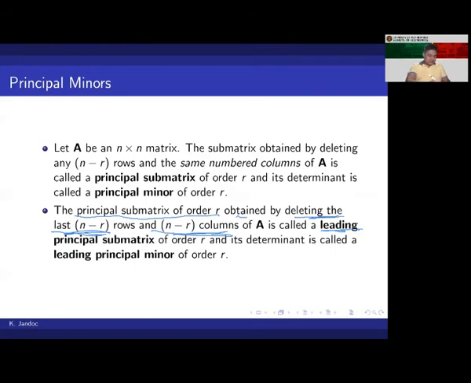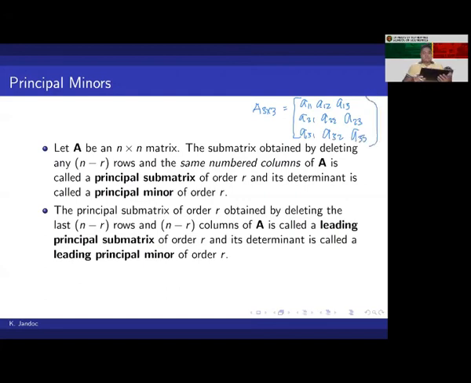So let's again go to the example. A, which is a square matrix of order 3. Again, let's do this. A12, A13, A21, A22, A23, A31, A32, A33. Now let's look for the leading principal submatrix of order 1.